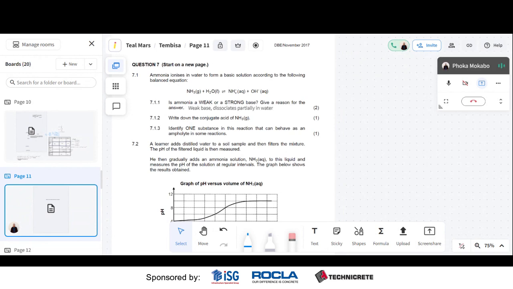Okay, so ionize gives off H, which is the acid, and dissociate breaks apart the water in order to form its conjugate acid. And if you look at 7.1.2, there we are, asking about a conjugate acid to ammonia. That would be ammonium, or NH4 plus. What do we mean? Well, in this case, the conjugate acid is what would be the acid if the reverse reaction were to occur.